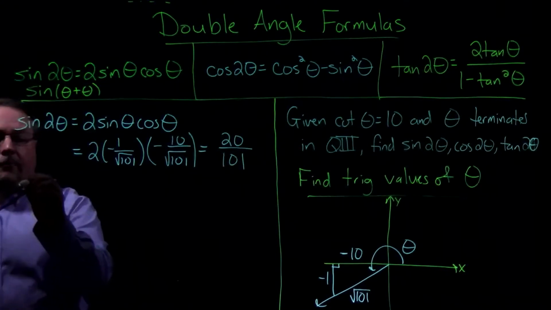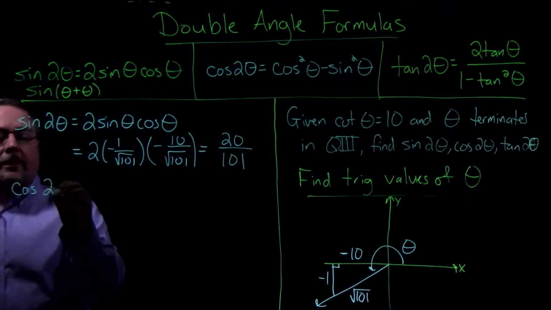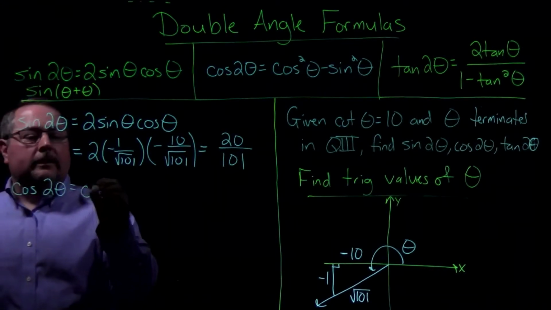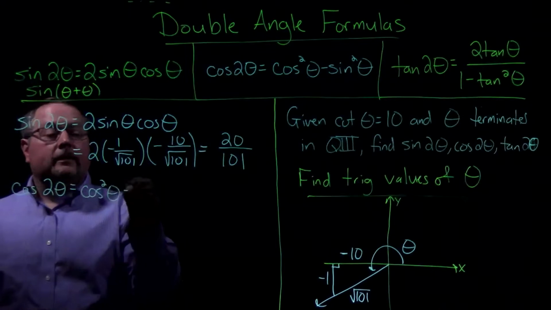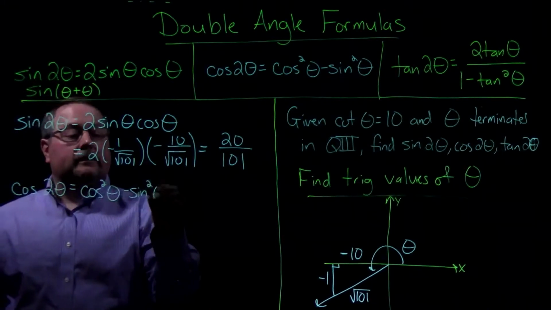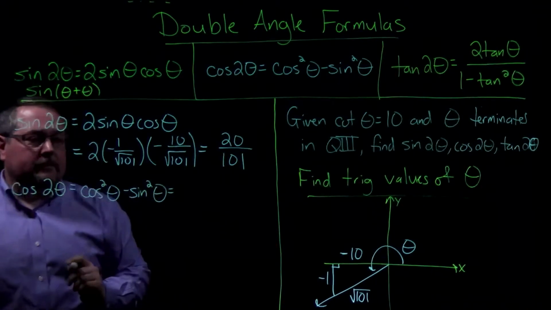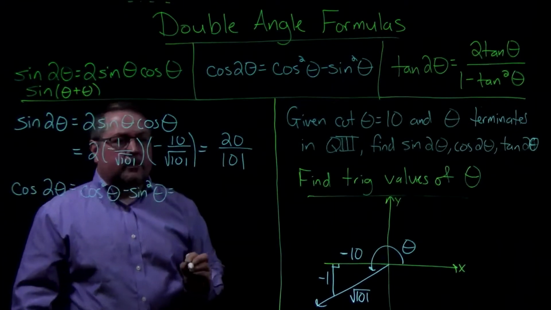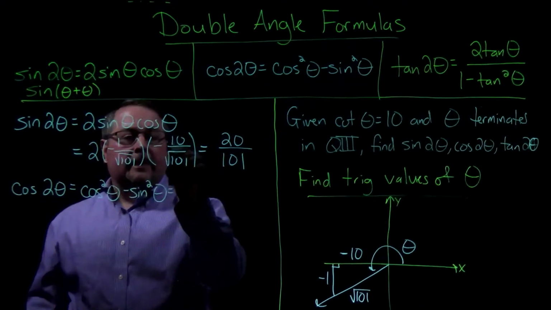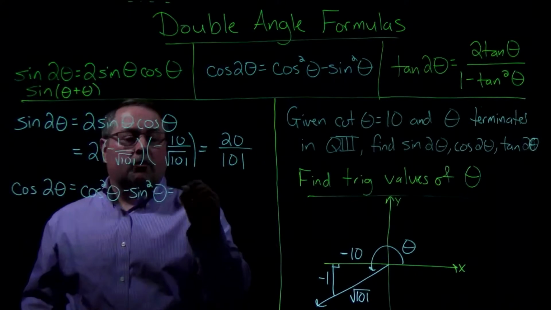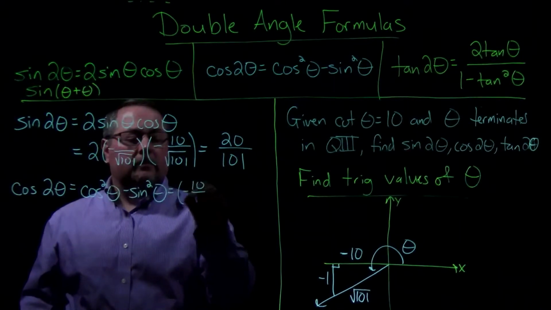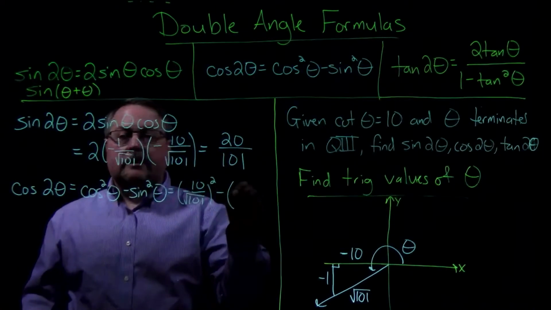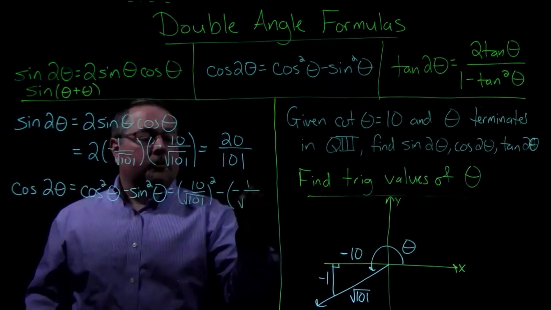Now if we do the same thing for cosine, cosine of 2 theta is cosine squared theta minus sine squared theta. And cosine of theta is -10 over the square root of 101. Sine of theta is -1 over the square root of 101.